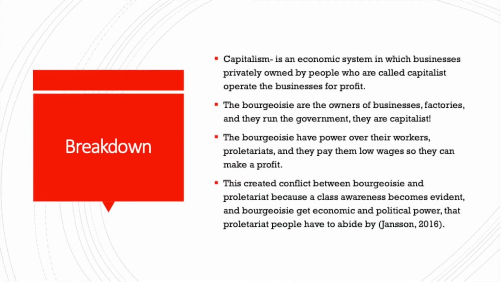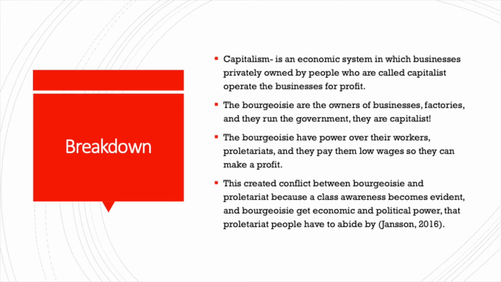So to give a little bit of a breakdown, you first have to understand capitalism. And capitalism is an economic system in which businesses, privately owned by people who are called capitalists, operate the business for profit. The bourgeoisie are the owners of the businesses and factories, and they run the government and are considered the capitalists in this scenario.